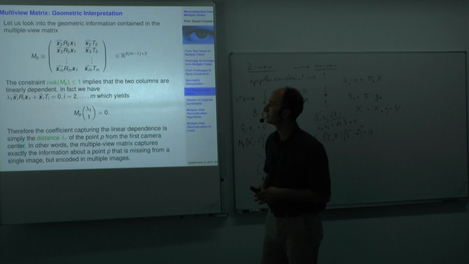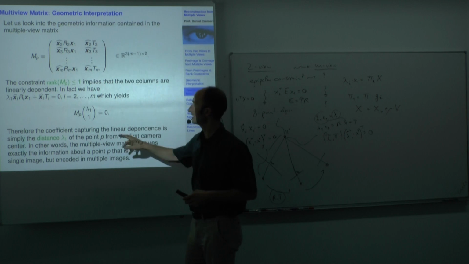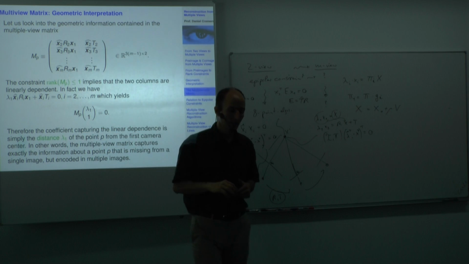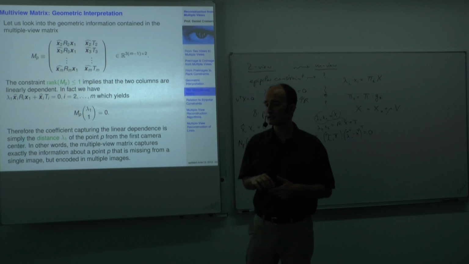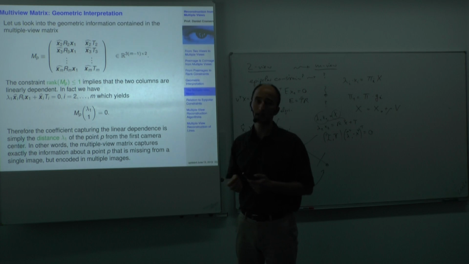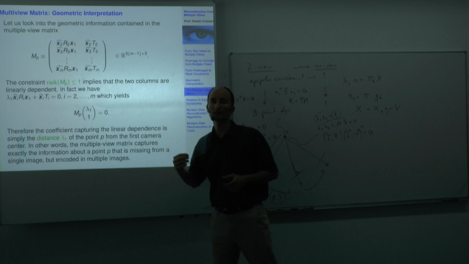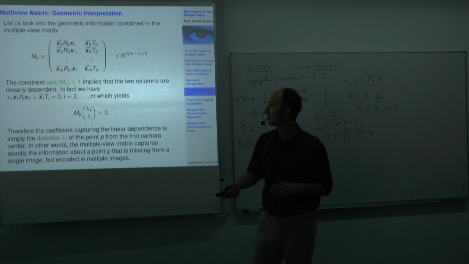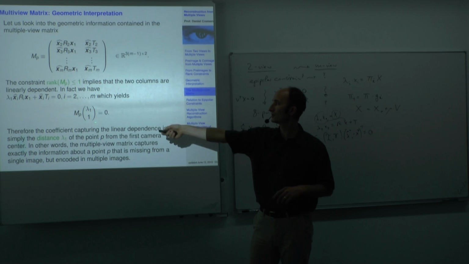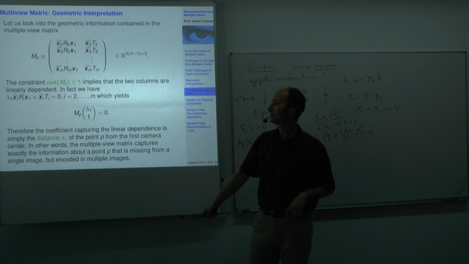And so this is interesting because the constraint that MP should have rank 1 basically says nothing but the fact that there should be a consistent depth value. The exact information that is missing in the reconstruction, the depth from the first camera, there must be one depth value such that for all images this is fulfilled.